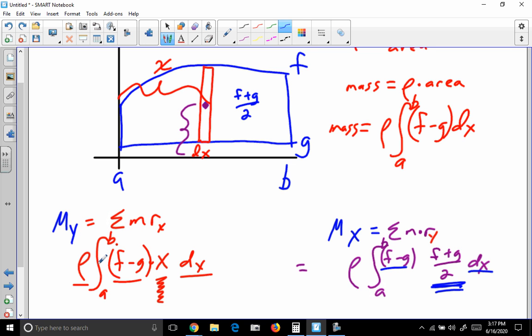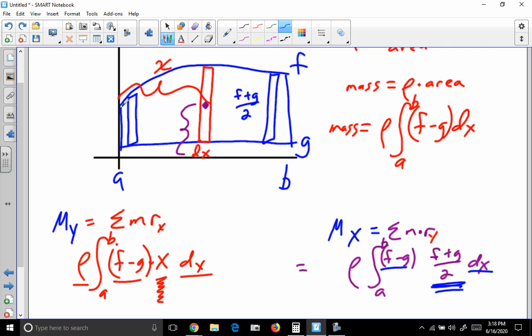An integral just means add them up. So we have this sample element, this sample element, this sample element. We take each of our elements and find the moment of each one: f minus g times x dx times rho.